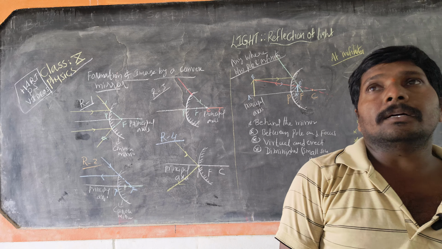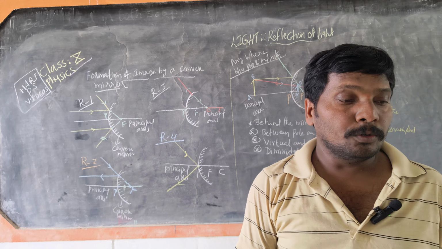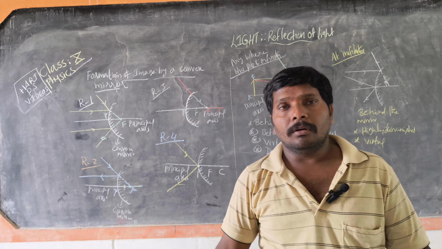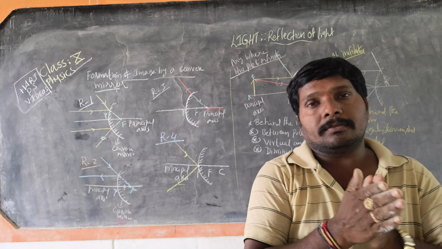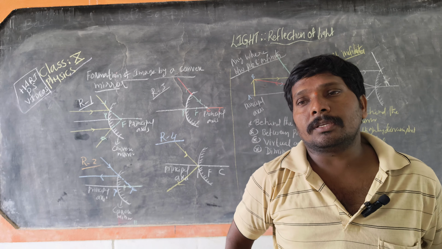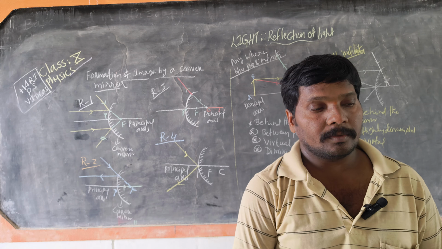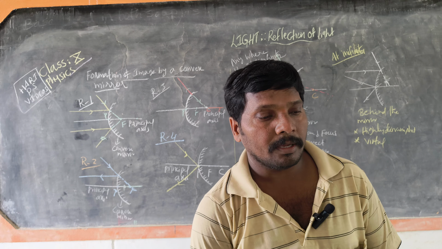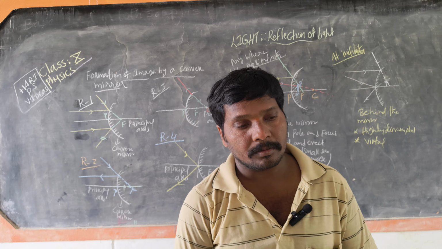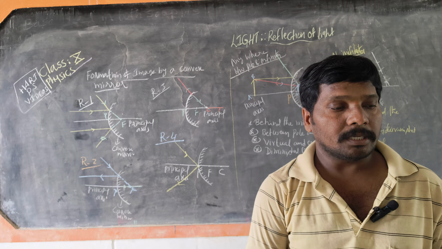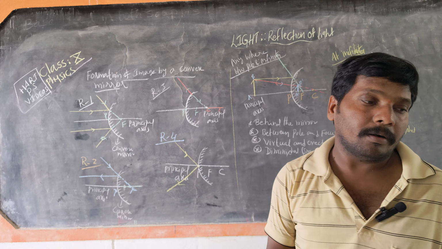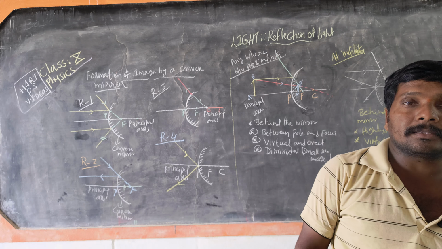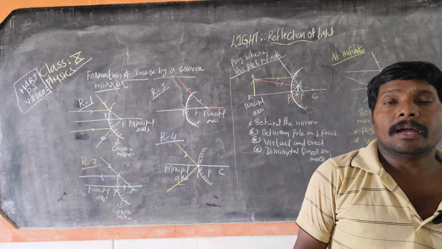Then uses of convex mirrors. We know rear view mirrors are used to see vehicles. Convex mirrors are used as rear view mirrors in vehicles like cars, trucks or bikes to see the traffic at the rear side, that means the back side, without turning our head.